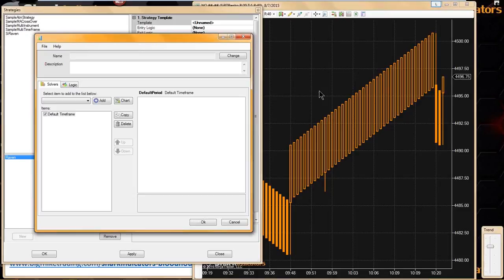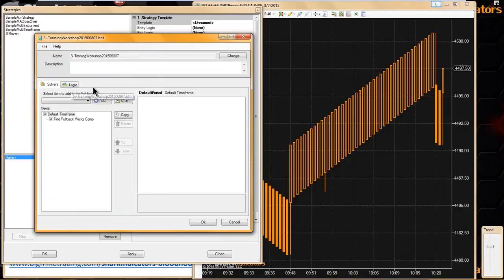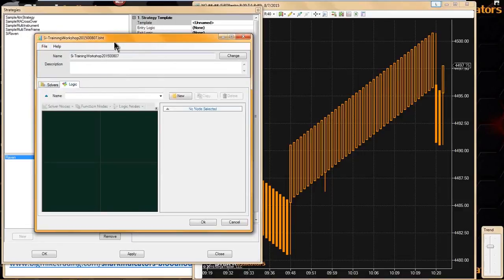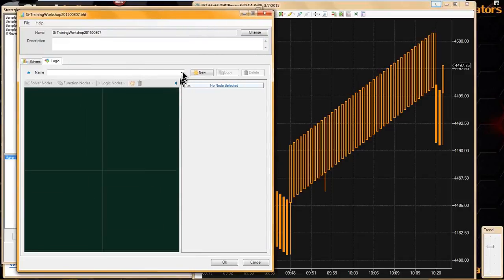When you're working in BloodHound, your changes aren't saved until you close the interface. So closing that other BloodHound that I had open saved everything I did back to the file. So now here in Raven, I can load this up, and Raven will show all the changes I made.